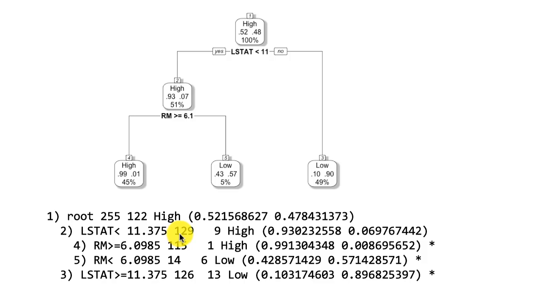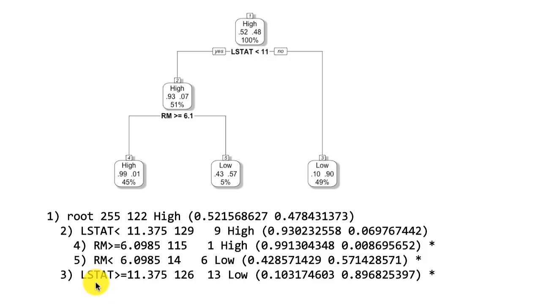Out of those, again the majority was high: 9 of them were low, 120 of them were high. And here you see the actual proportions. Here it said 52:48 on the root node, but it's actually 0.5215 and so on, just rounded off to 2 decimal places.